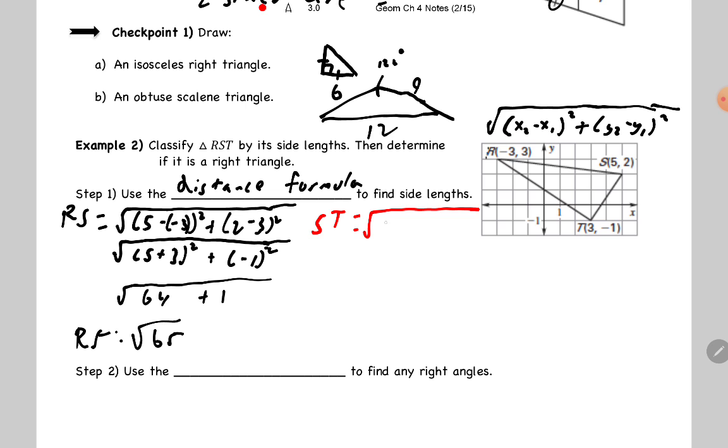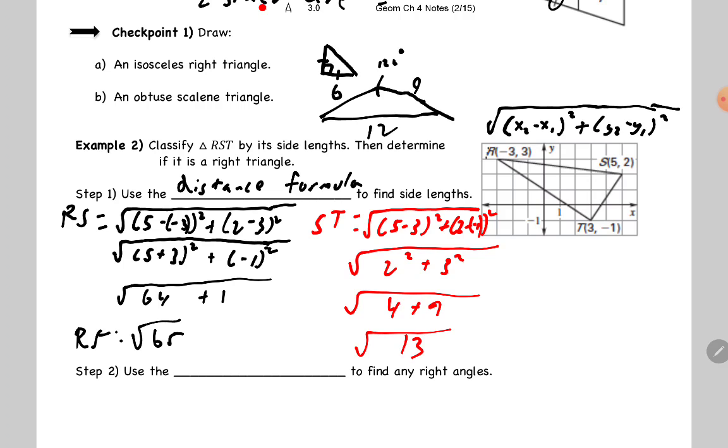Okay, so 5 minus 3 squared plus 2 minus minus 1. So that would be the square root of 2 squared plus 3 squared, which is 4 plus 9, which is the square root of 13.